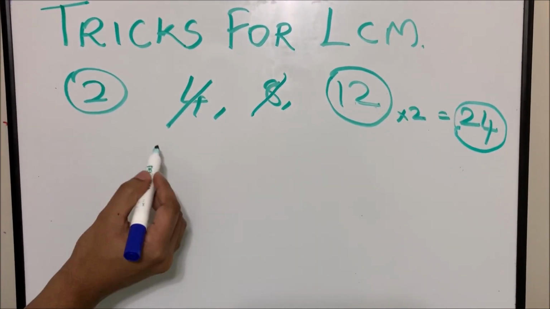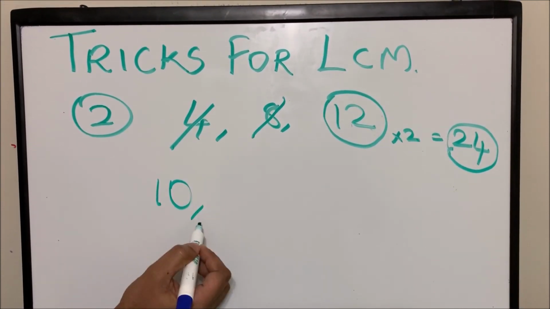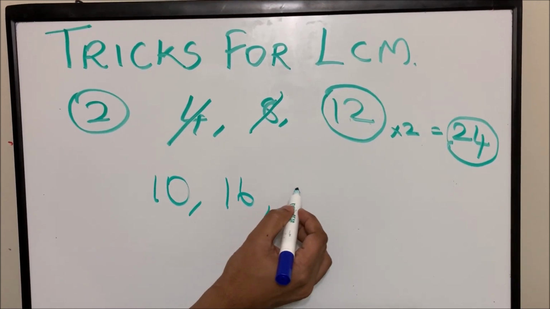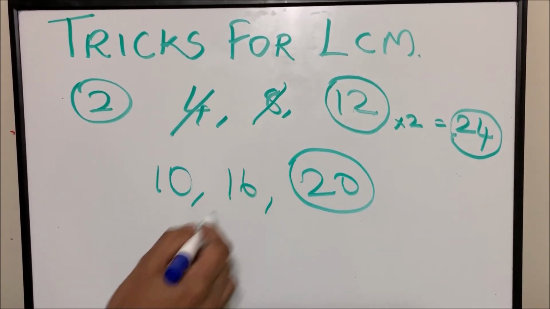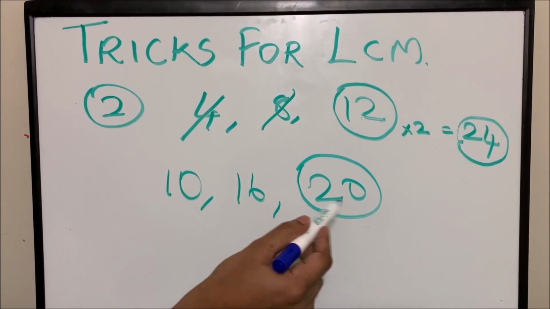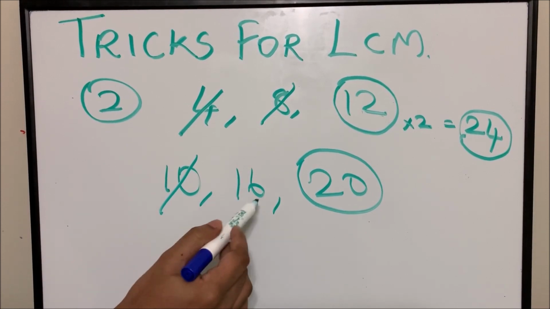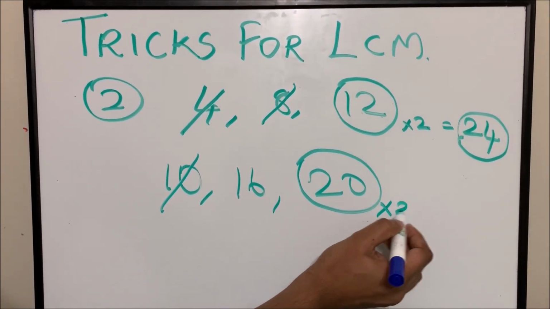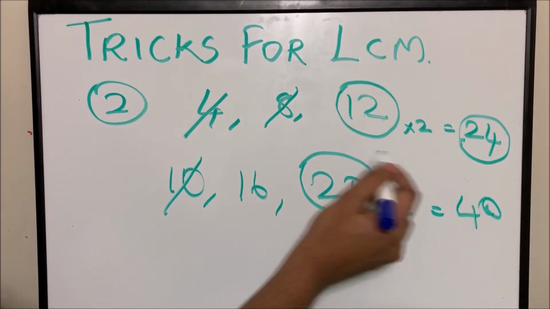One more example. 10, say 16, 20. The bigger number is 20. Now 10, it is divisible, and 16, no. Let us multiply 20 by 2, that gives 40. 40 is not divisible by 16.